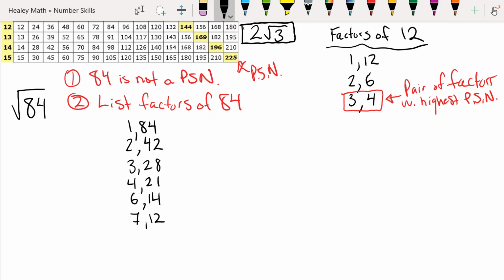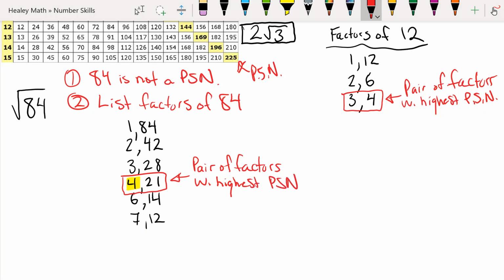Next, we need to look for which pair of factors has the largest perfect square number. And we should notice that the 4 in this pair is our desired group of factors. We know that this includes the 4. So this is our pair of factors with the highest perfect square number.